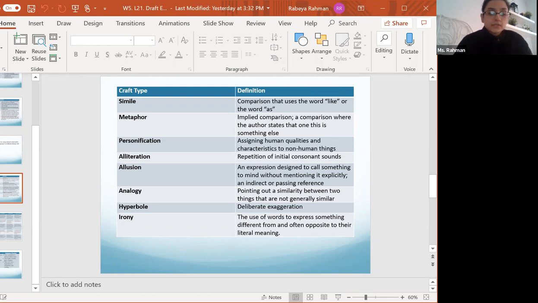As you're writing, I'm just going to define these craft types for you. You can just continue writing. A simile is a comparison that uses the word like or the word as. Metaphor, you can keep writing, you don't need to look at me. Metaphor is an implied comparison, a comparison where the author states that one thing is something else.